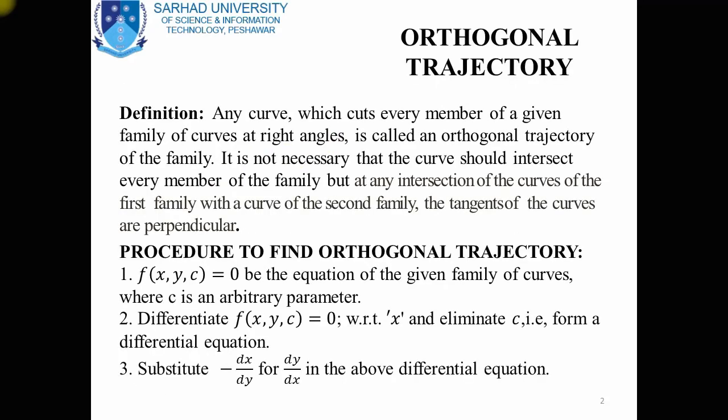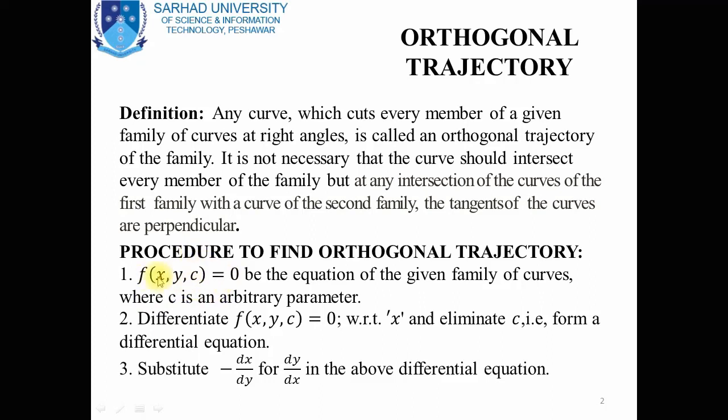So dear students, note that we have a family of curves, and we want to find another orthogonal family for this family. This is a given family of curves, and we want to find another orthogonal family of curves. So for this purpose, first of all, differentiate this equation.